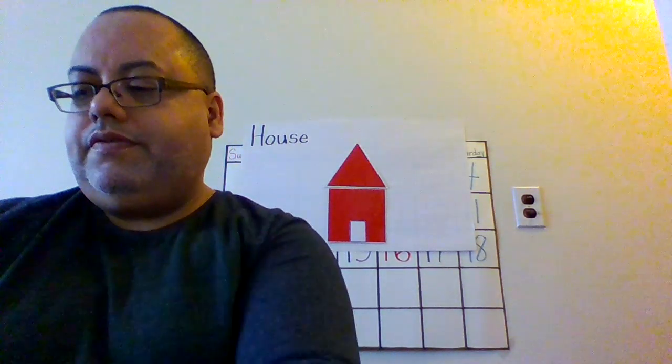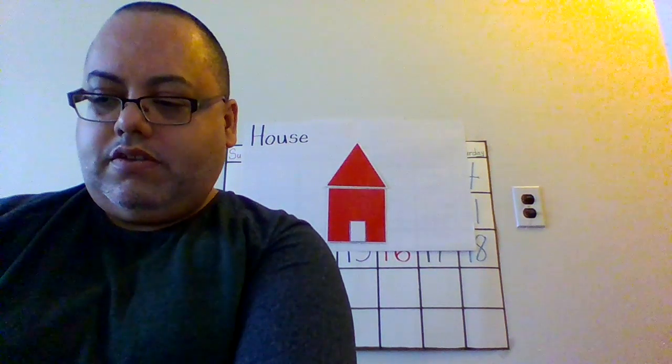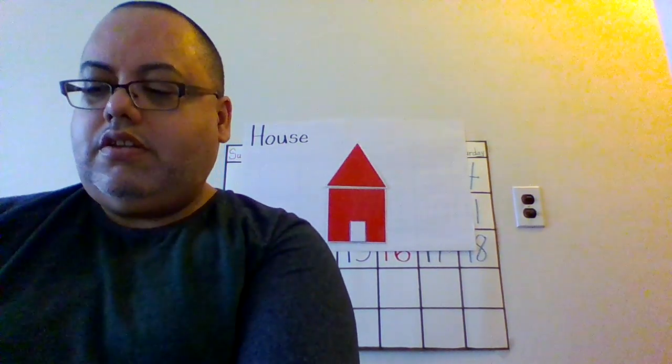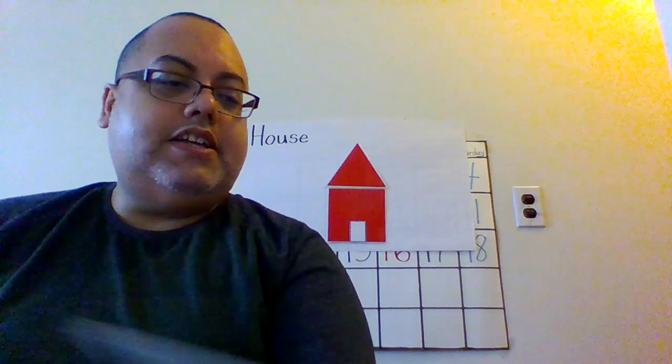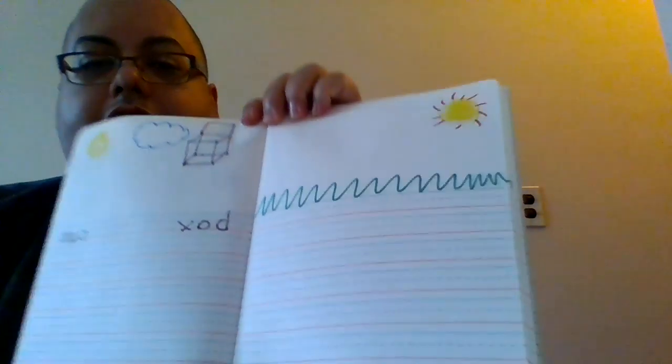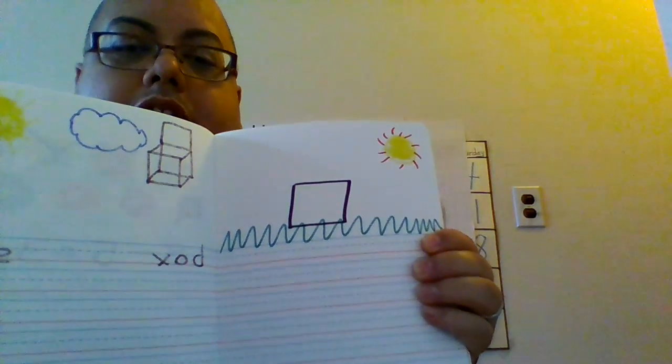But I wanted to match the colors of the sun because sometimes the sun is orange, sometimes it's yellow. Okay? And now I'm going to start with the drawing of my house. Notice that my square is touching the grass because the grass is the ground.